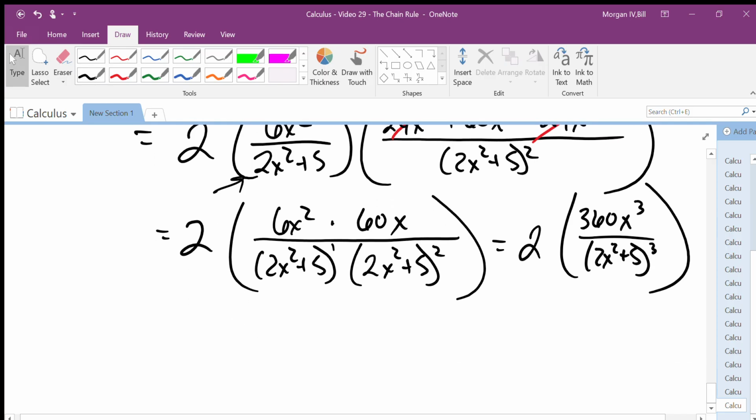And maybe it's not worth having that 2 out front, so 720x cubed over 2x squared plus 5 cubed.